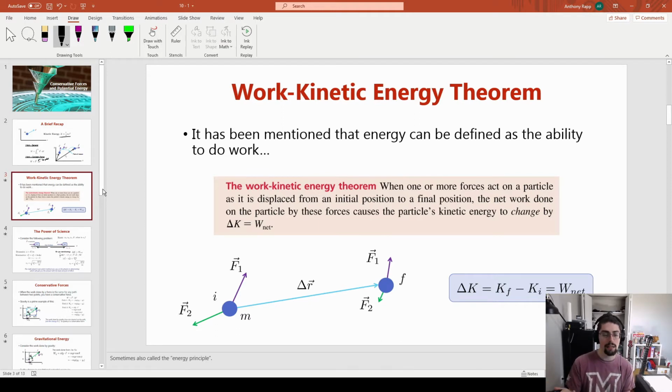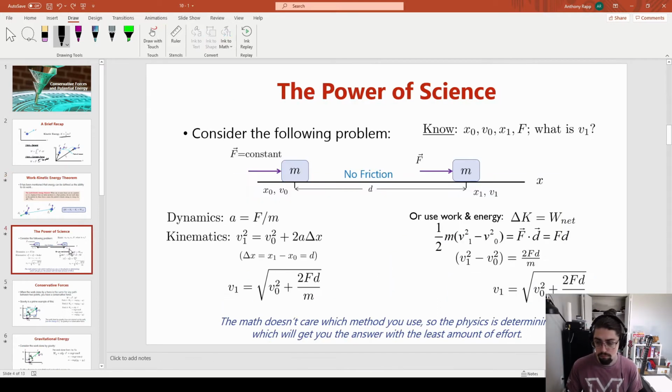It doesn't just automatically equal the kinetic energy, it is equal to the change of kinetic energy. Right? I can do negative work. I can stop an object from moving, or I can make it start moving, or I can make it move faster. Any of those details will work. All of that gets included in this nice pretty equation right here. So, the power of science.